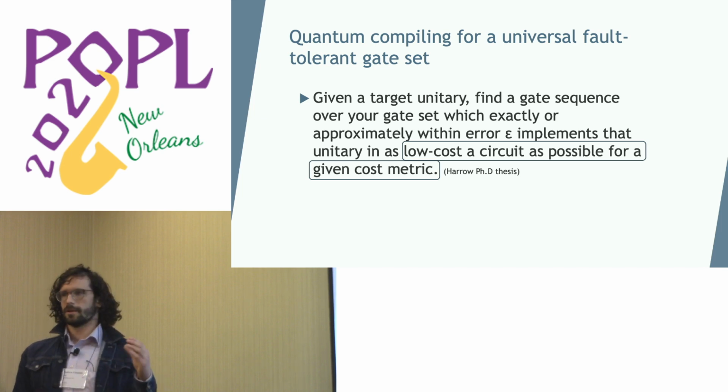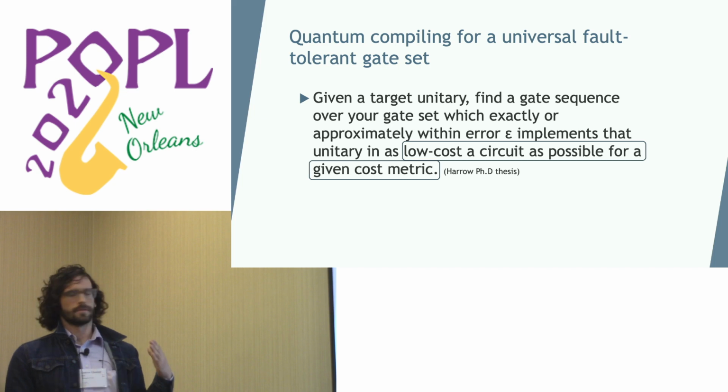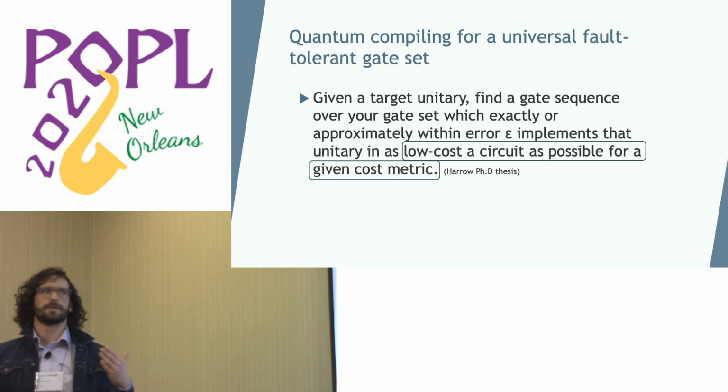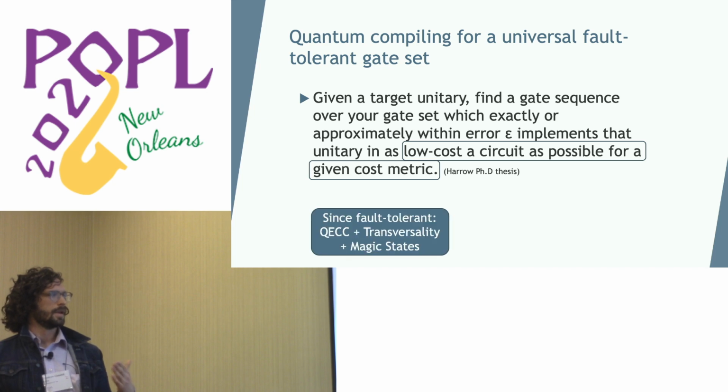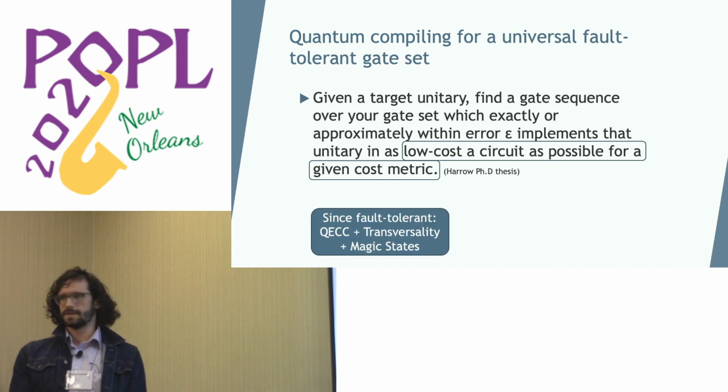So we need to think a little bit about what cost metric makes sense for universal fault-tolerant quantum computation. Because we're fault-tolerant, typically we're assuming that we're using quantum error correction. We're assuming that we typically have transversal Clifford gates. So Clifford gates are cheap in some sense.